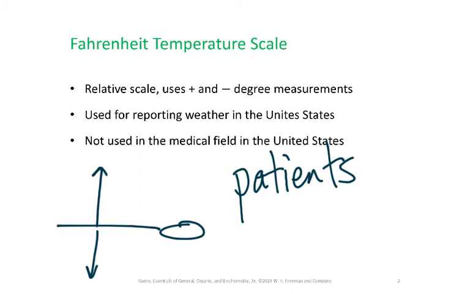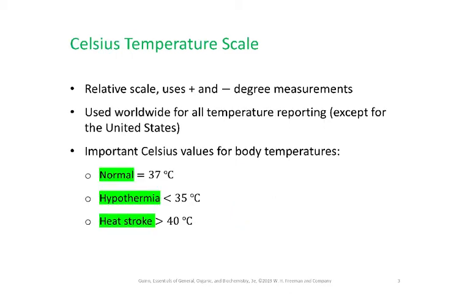Another scale that you might be less familiar with but you still know about would be Celsius. This is another relative scale, uses plus and minus, and it has a zero value, but zero here is not at the same temperature as zero in Fahrenheit, and the size of each step, like 1 degree Celsius, is not equal to 1 degree Fahrenheit.